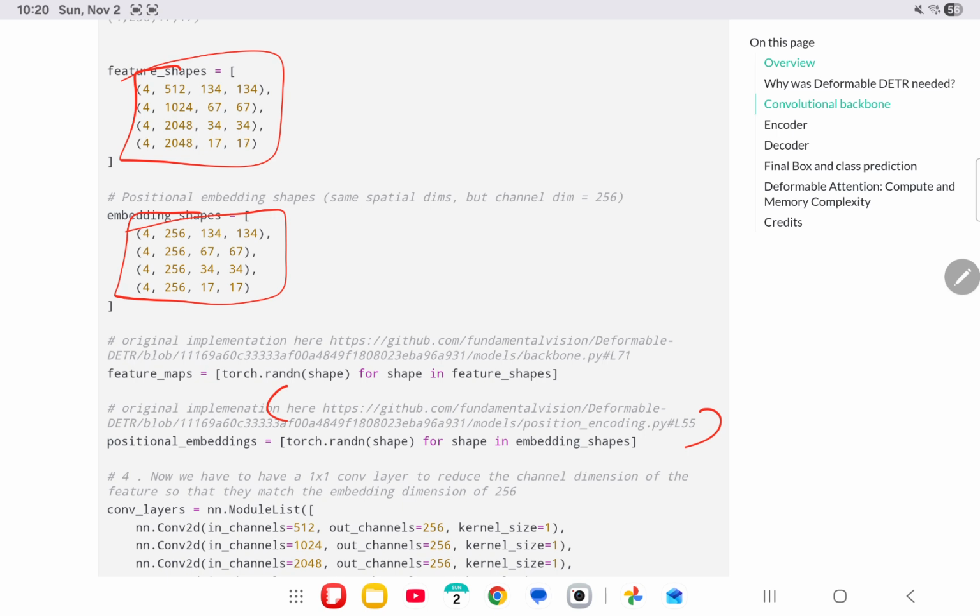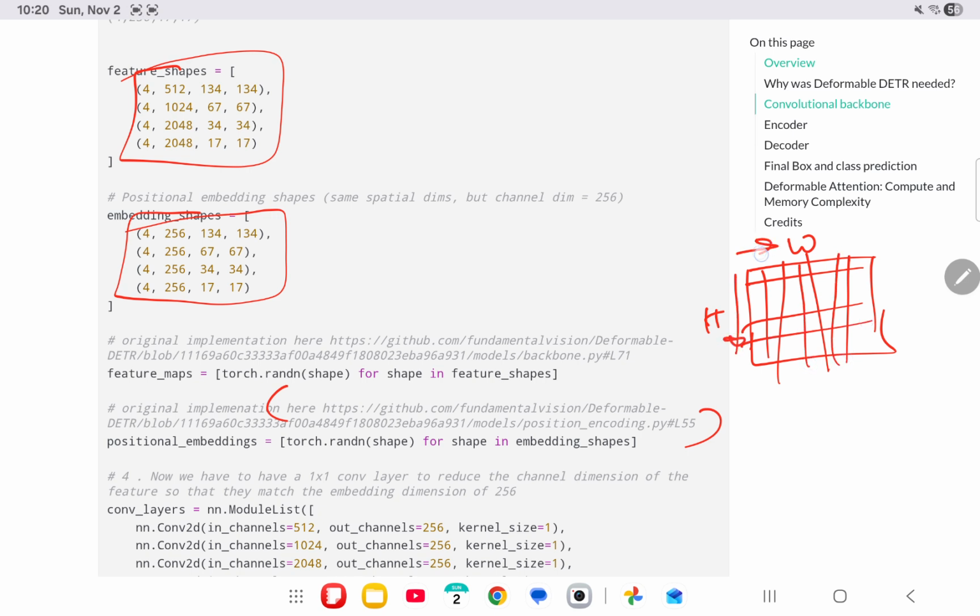This is the same positional embedding as, for example, the normal sine positional embedding, but the only difference is here, for an H cross W, the positional embedding has to give us the vertical information and horizontal information.